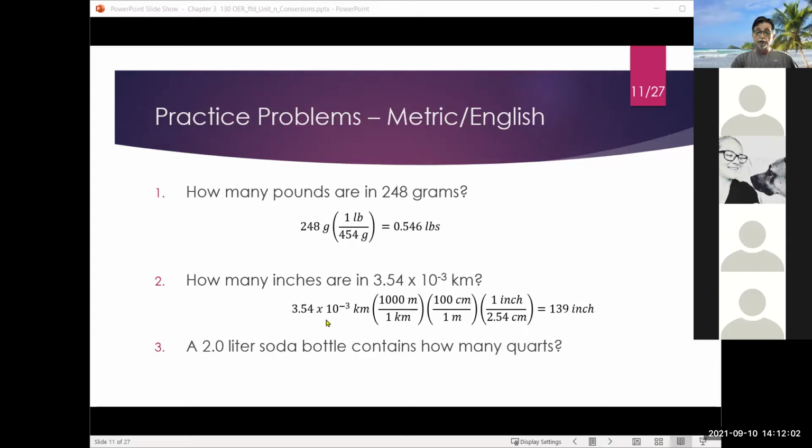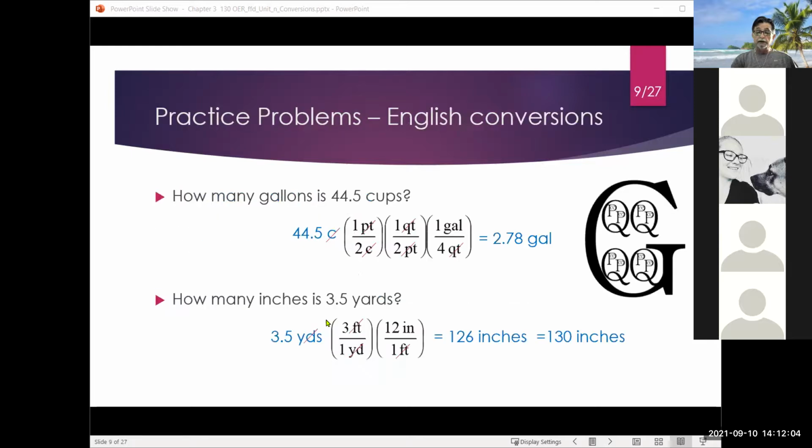Yes, because we're keeping track all along. We also keep track of your starting number of sig figs. Let's take the first one here. How many sig figs in 44.5?